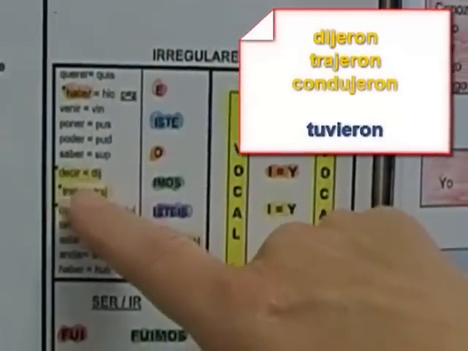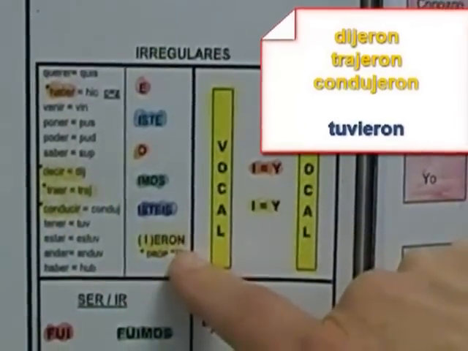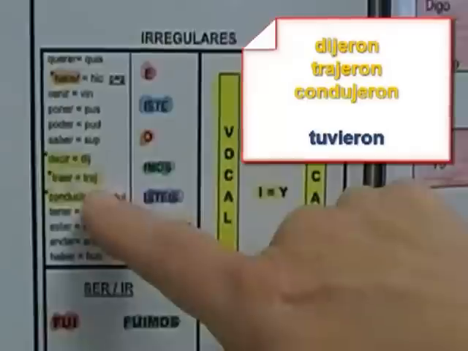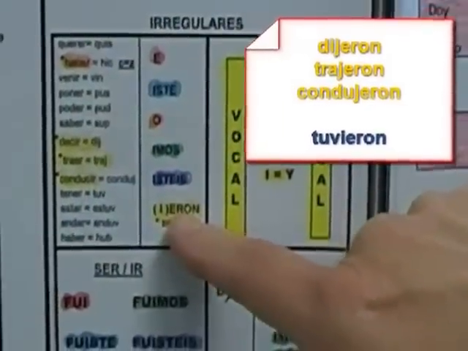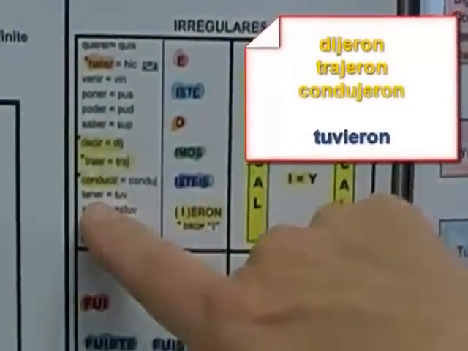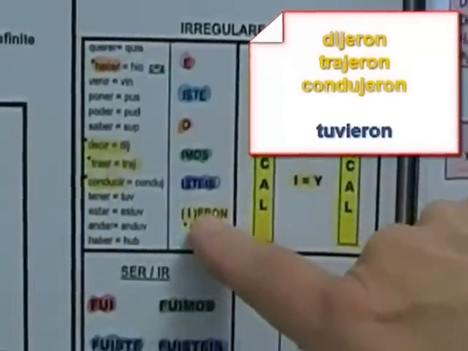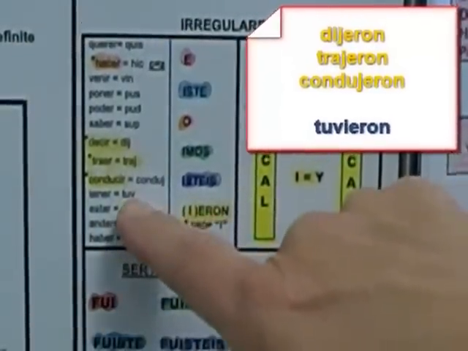So, for example, decir would become dijeron, D-I-J-E-R-O-N. Trajeron, T-R-A-J-E-R-O-N. And just to show you the difference, if we did tener it would be tuvieron. It gets the I-E-R-O-N because it does not have a yellow star.